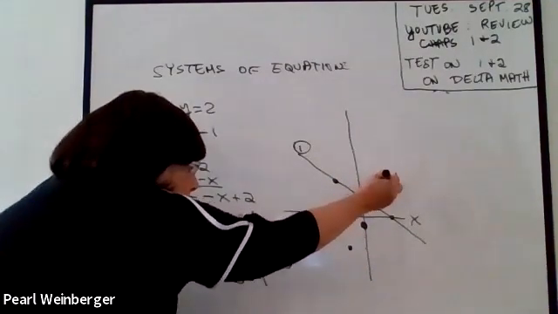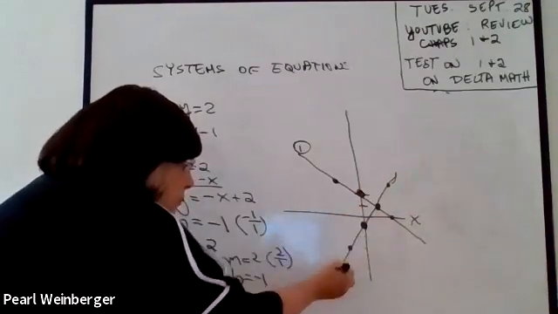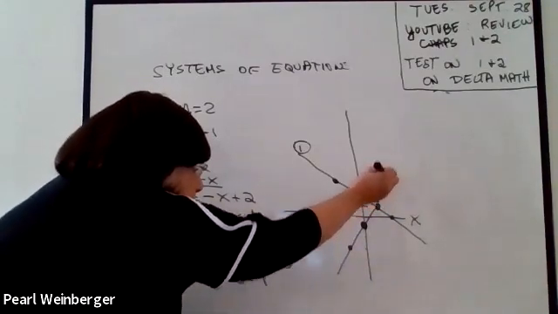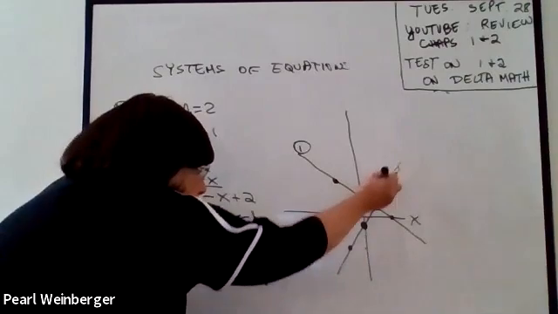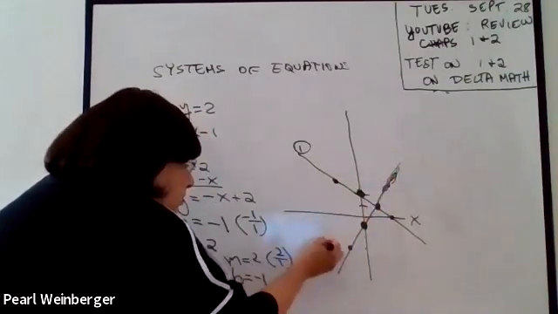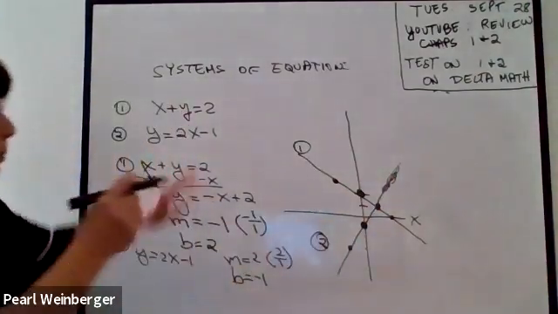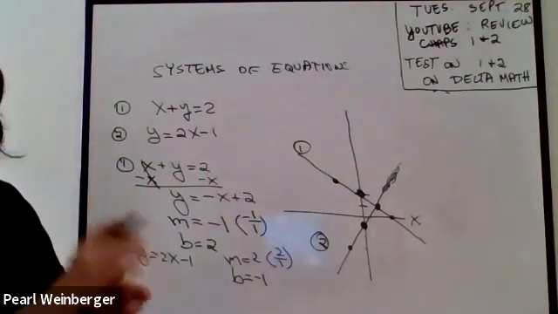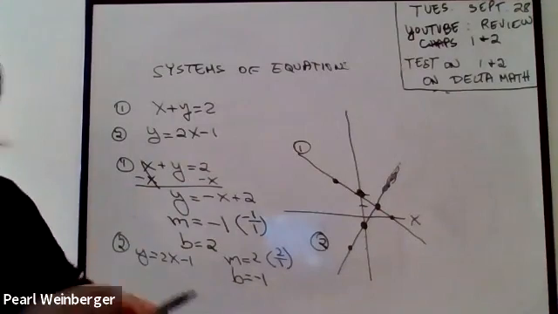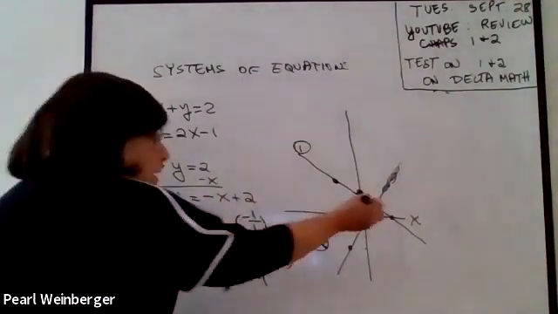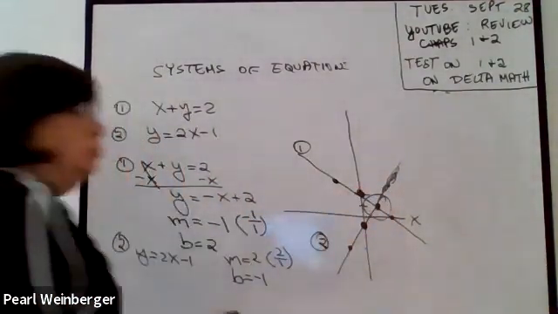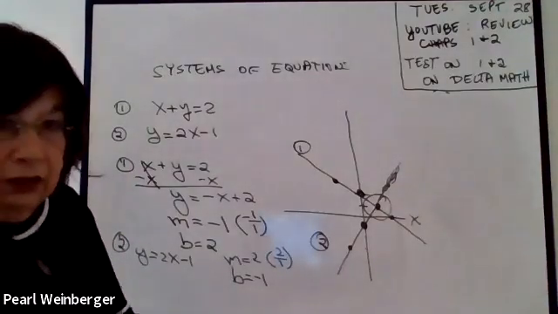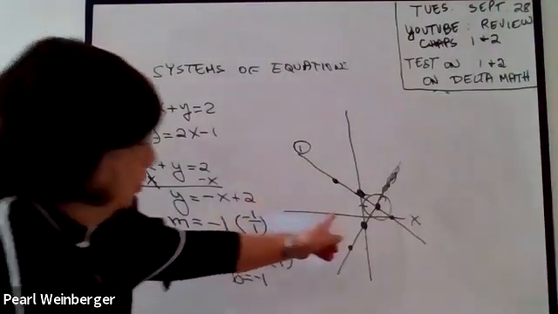And we get a line that looks like this. Here's line number 2. So here we've drawn our system of equations, both lines on the same graph. The solution to the system of equations is the point where the two lines are intersecting. Now I have to figure out what that point is.